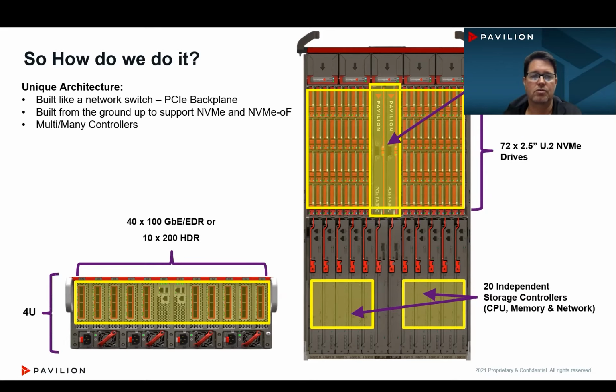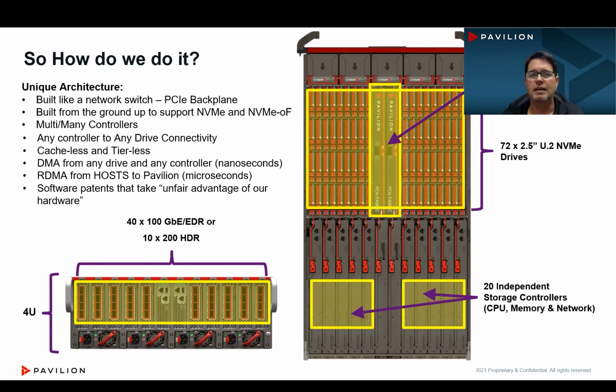What does that really do for you? Well, that's going to enable you to have any-to-any drive connectivity. So you've got high performance, high reliability. It's cacheless. We don't have to pack our box full of high cost DRAM or SCM to artificially inflate our read performance numbers.